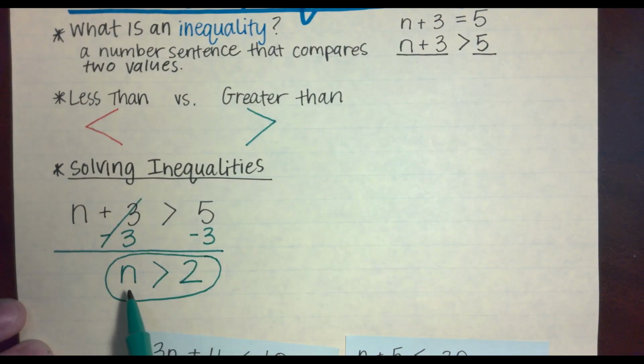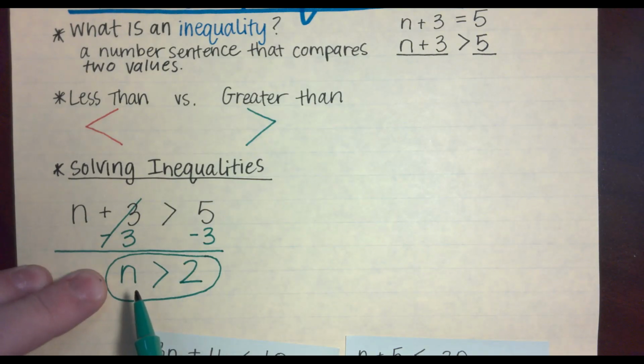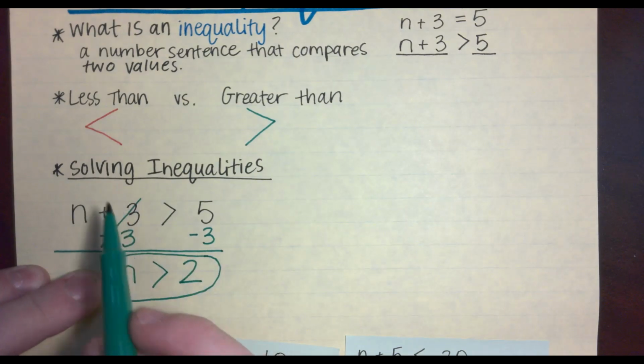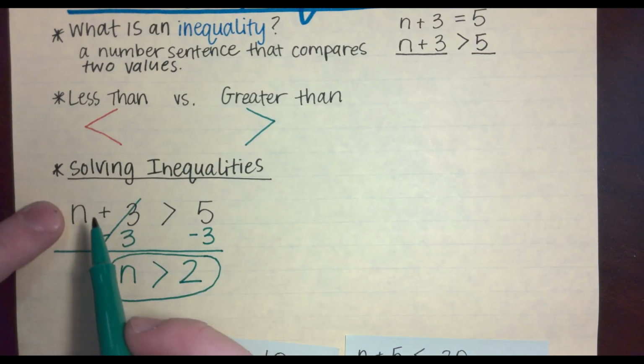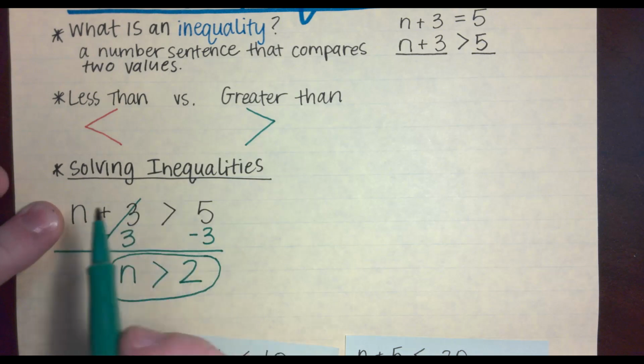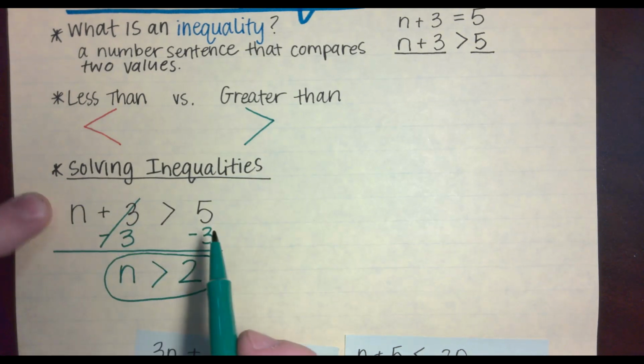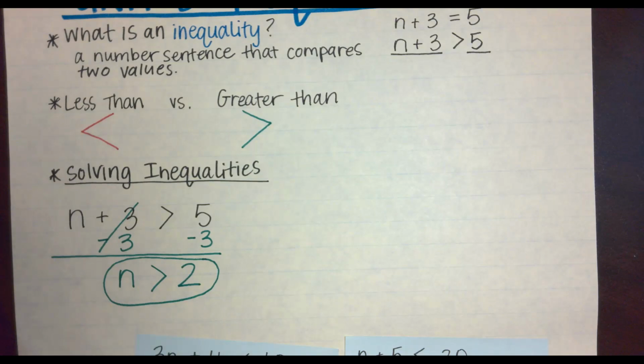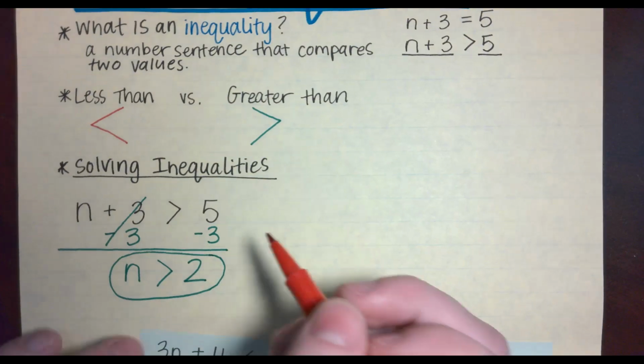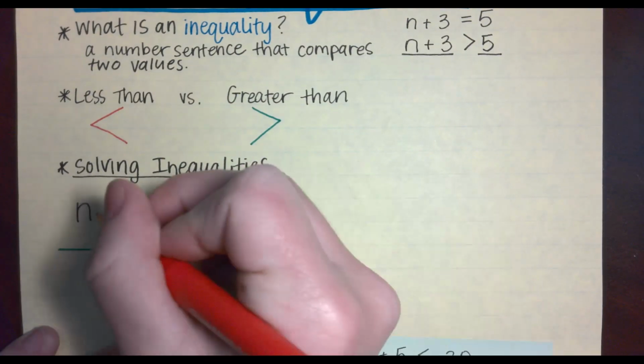And that's your solved inequality. Instead of saying that n is equal to 2, we could say that n is any number we want that's bigger than 2. So any number that I put in here for my original inequality, if it's bigger than 2, this is true. For example, let's say I put a 3 in there. I'll replace n with 3.